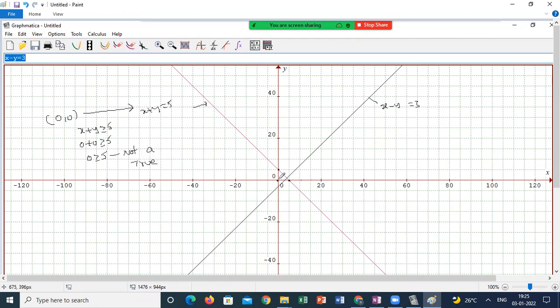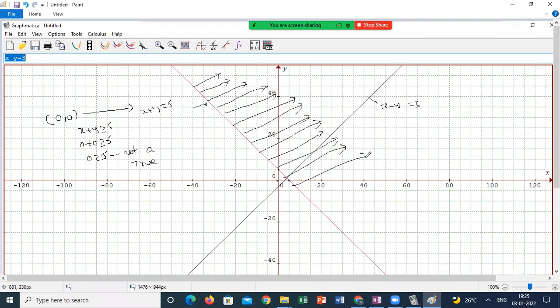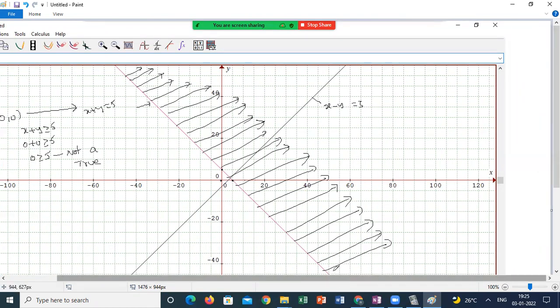So 0 comma 0 is below the line, so the solution is above the line, on the other side of the origin. This is the solution for the first inequality, including the points on the line, the shaded region as well as the points on the line.